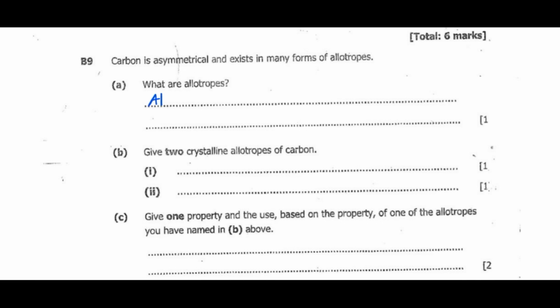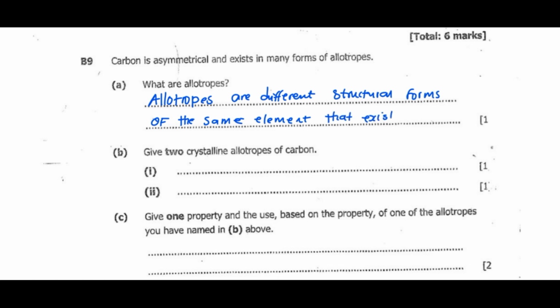So say allotropes are different structural forms of the same element that exist in the same physical state. So this is one of the definitions for allotropes.